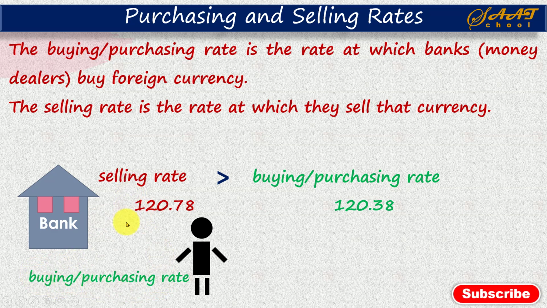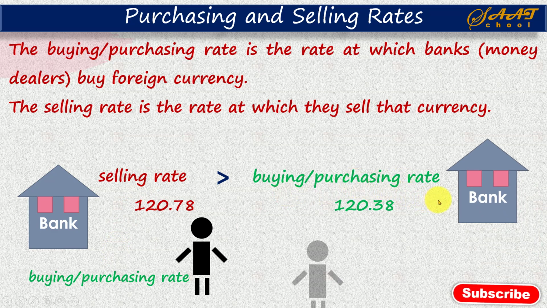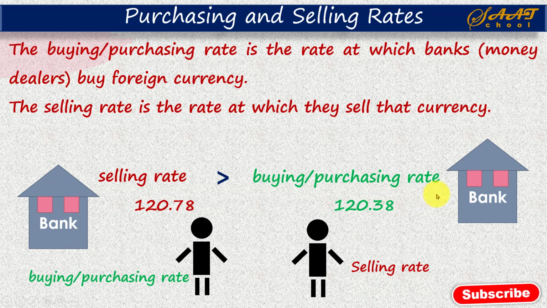So there is an opposite relation. If the bank is selling, then you are purchasing. Now in this example, this purchasing or buying rate of the bank is your selling rate. Here the bank is purchasing or buying, and then you are selling.